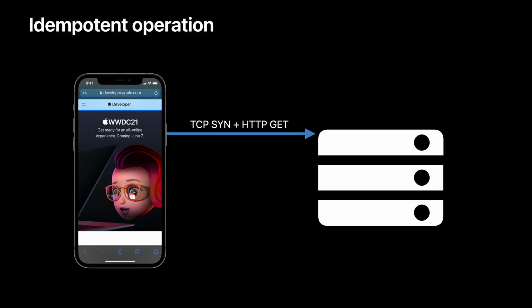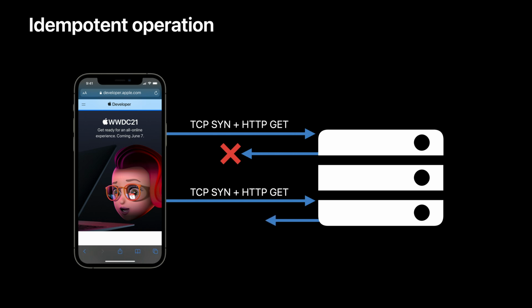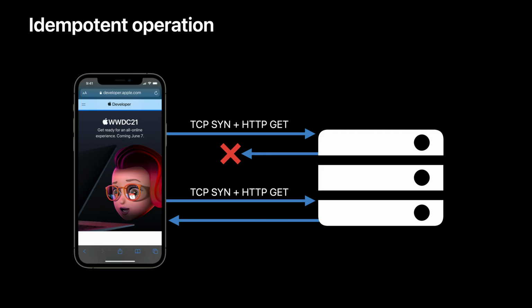If the acknowledgement for this request was either delayed or dropped in the network, the device will resend the HTTP GET request, which may get routed to a different server. And this time, the acknowledgement arrives along with the HTTP response. As the HTTP GET request does not have any additional effect when it is resent over the network, it is considered as an idempotent request.